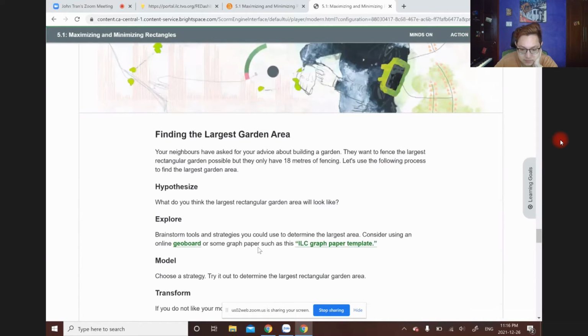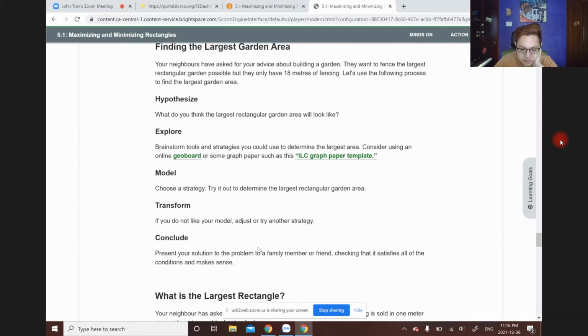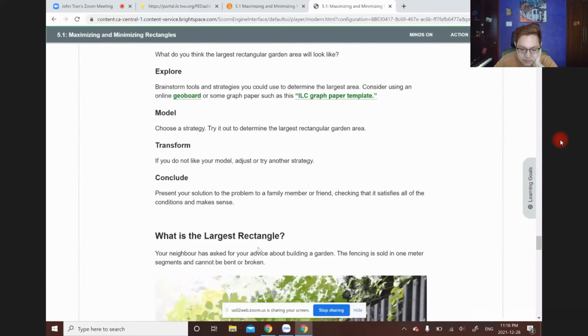Explore, brainstorm tools and strategies to use to determine the largest area, considering using an online tool. Choose a strategy. Try it out to determine the largest rectangular garden area. If you don't like the model, adjust or try another strategy.